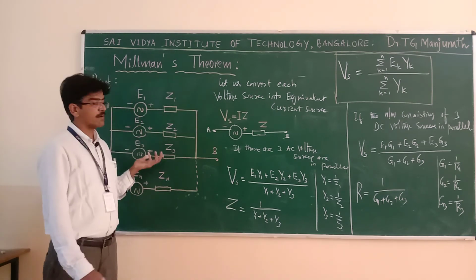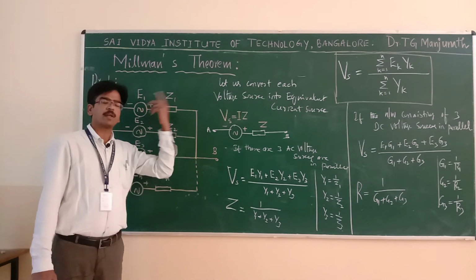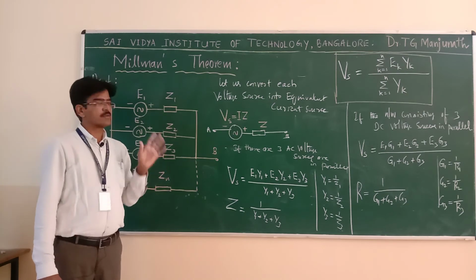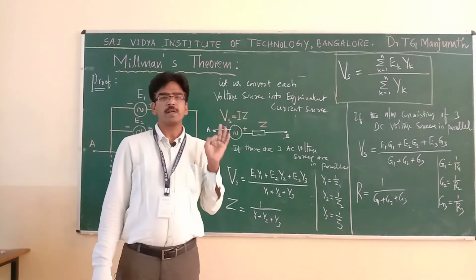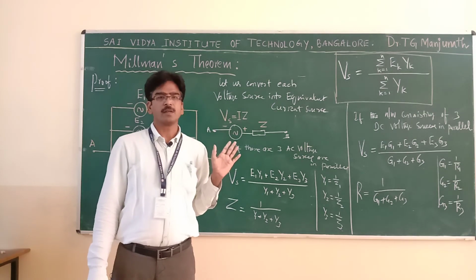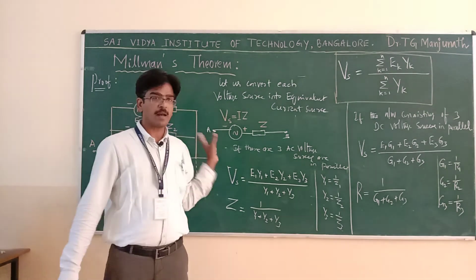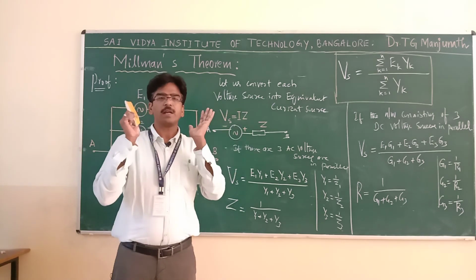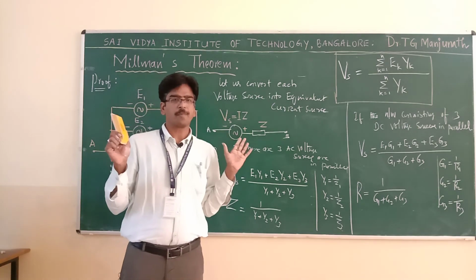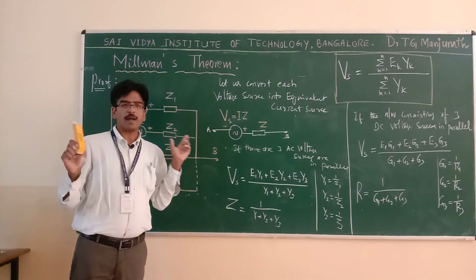If they give current sources, you have to convert that into a voltage source. Millman's theorem is applied only whenever voltage sources are in parallel. If any current sources are in parallel, you have to convert that into a voltage source. So only voltage sources should be there in the network and they should be in parallel.